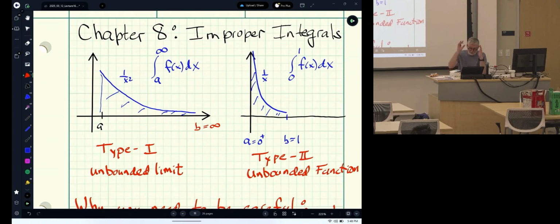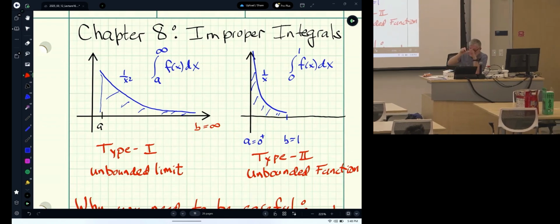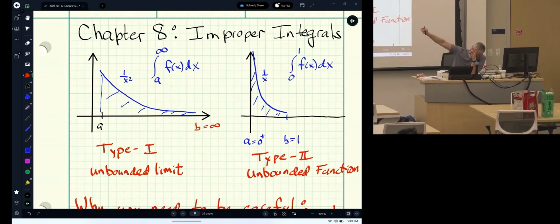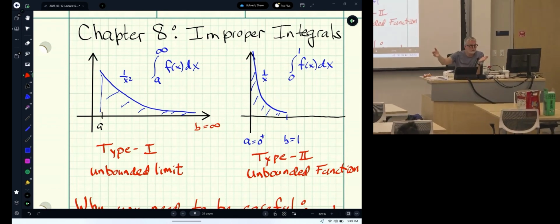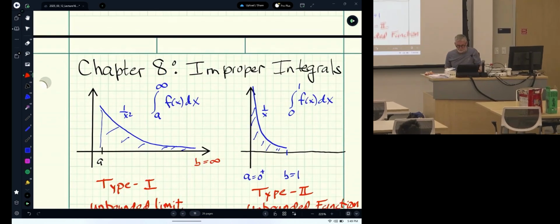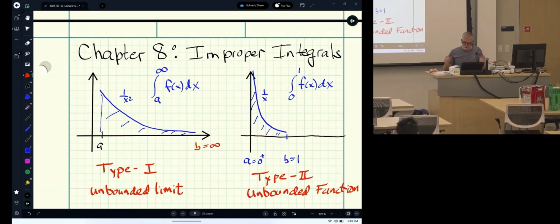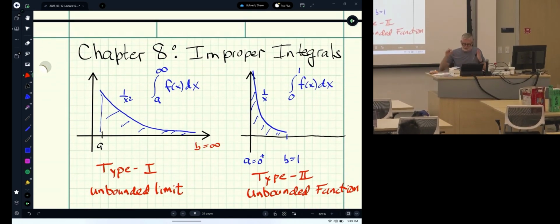We only have defined integrals from a to b when b is finite. That's a definite integral. But we can take the limit, and it might work and it might not, because you know limits can be finite, they can be infinite, they can be undefined, and all those things can happen here with this limit. And it's the same with the single-sided limit. We don't know how to define the Riemann integral for an unbounded function.